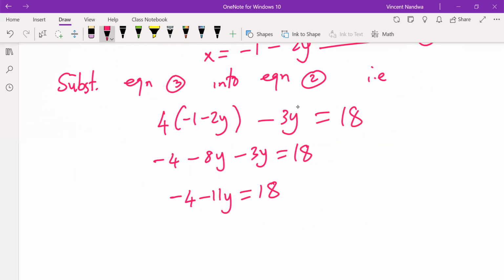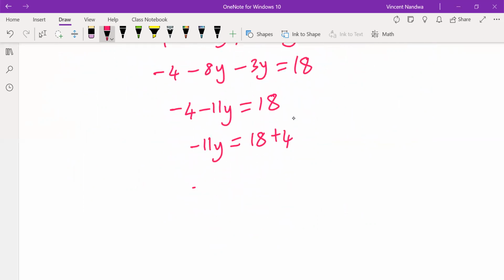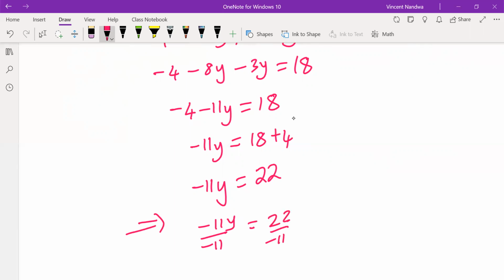And then collect like terms: -11y equals 18 plus 4. And 18 plus 4 is 22, so -11y equals 22, which implies to get y, we divide through by -11, which means y equals -2.